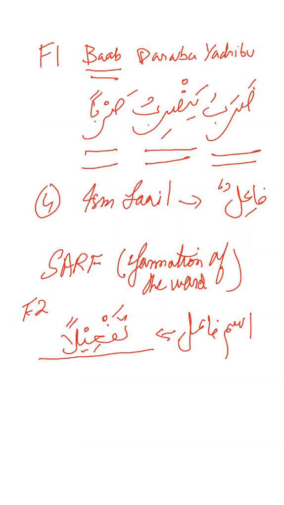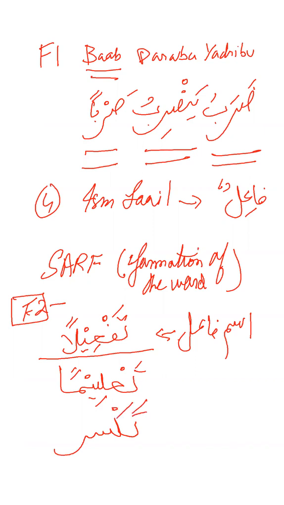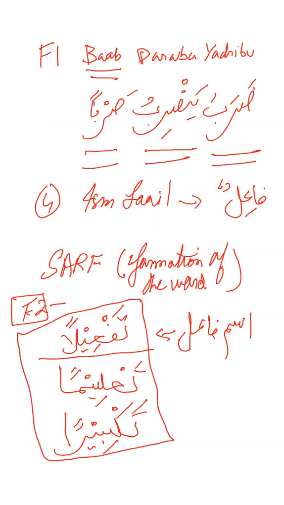So if any word is coming from family 2, then the ism fa'il would be taf'ilan or taf'ilan, or takbiran, right? But these are all normal isms.